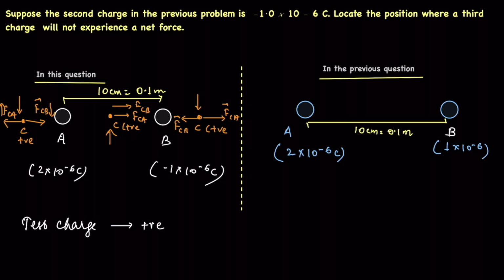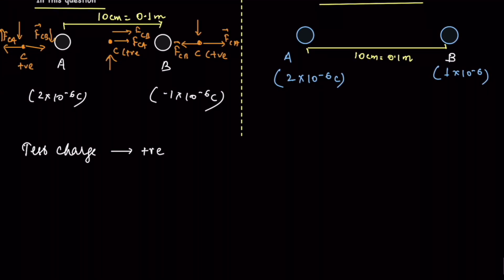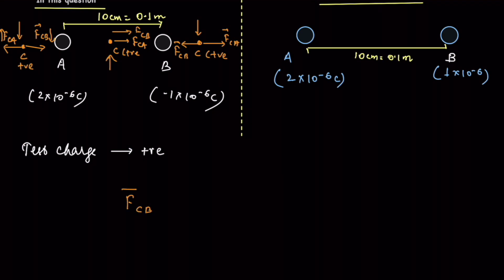The force of BC could be equal to the force of AC. The third position, which is to the right of B, could form the equilibrium. So for that we can take a relation: force of CB is equal to the force of CA.